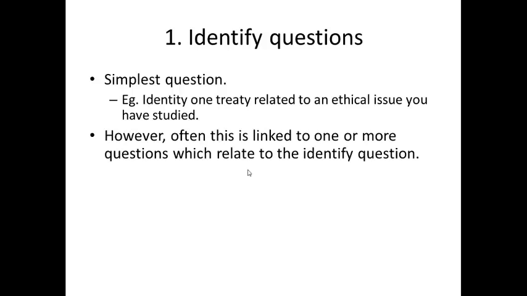However, there are often subsequent questions below it that relate to the identify. So part B might be explain how your answer to part A, blah, blah, blah, or evaluate your answer to part A. So pick what you put in the identify section, pick the one that you can write the most about. If it's about arms control and disarmament, if the NPT is the one you can write the most about, pick the Non-Proliferation Treaty.